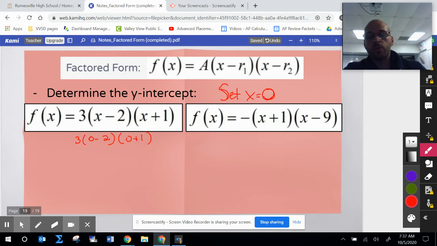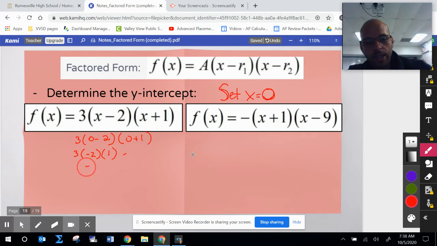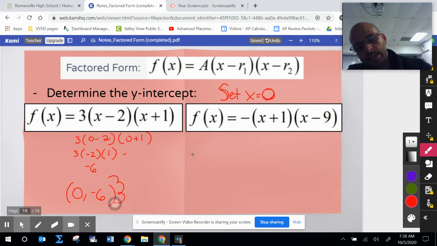I'm going to substitute all my x values equal to 0. So now you have to follow order of operations. So we're going to do parentheses. 0 plus 1 is 1. And then I can multiply all three of those values together. So 3 times negative 2 is a negative 6, times 1. That's still a negative 6. So my y-intercept is going to be 0, comma, negative 6.